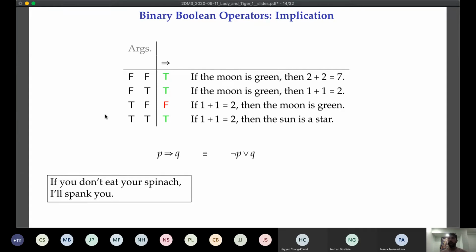If the first one didn't happen, then we don't know the truth about the second one at all, and so we can make any conjecture we want. So false implies anything. That's the first two rules: false implies false and false implies true, okay?